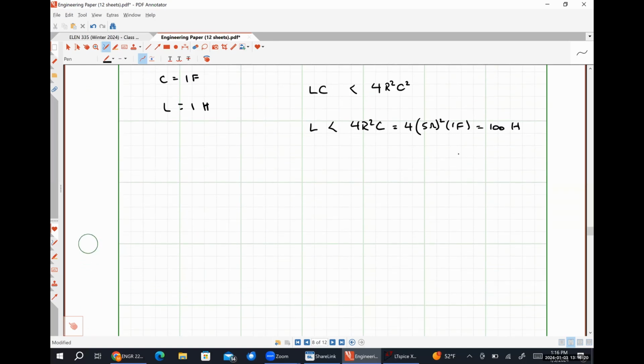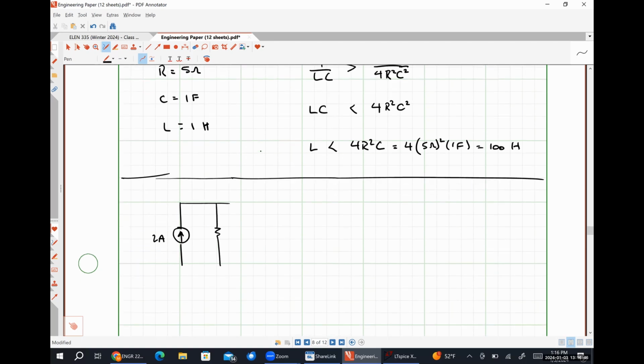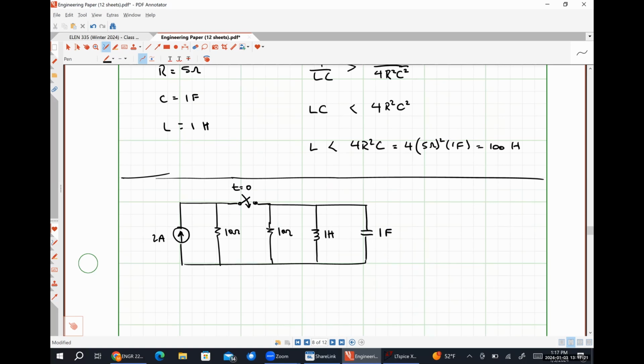So let's come up with a circuit. So this is a parallel RLC circuit. Let me move this over.